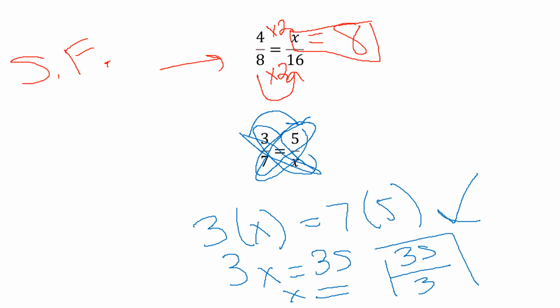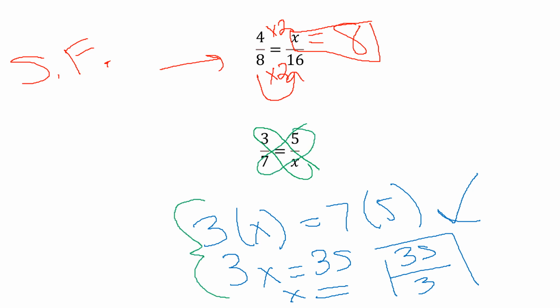So here's the thing. There's a quicker way to do this. Let me clean all this up and show you. I'll do this in green. We're still going to circle it, and we're really doing all of this work, just in a quicker fashion and with less thinking. When we circle this like a butterfly, we're going to have two pairs circled. One pair is going to have two numbers.